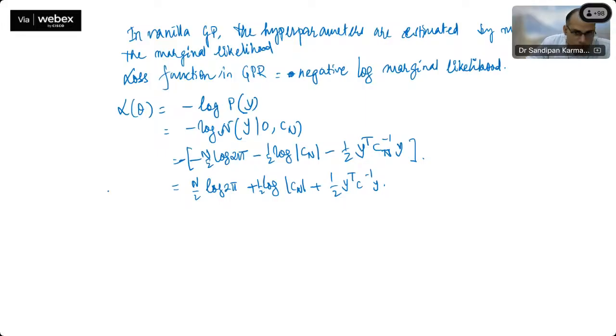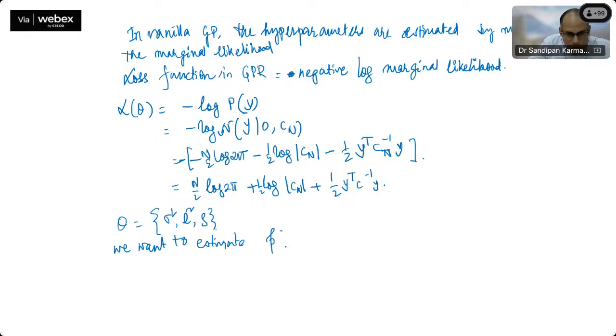Now what is theta here? Theta are basically sigma square, the diffusion rate, L square, the length scale, and the other one is rho. So these are the parameters as well as hyperparameters. Now we want to estimate the predictive distribution.